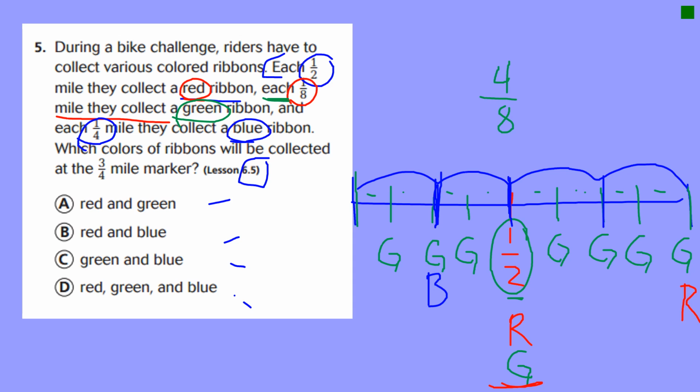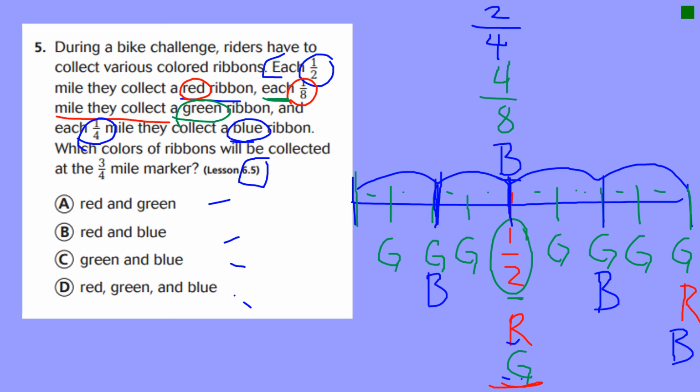They get a blue ribbon here too. And why is that? Because 2/4 is also equivalent to 1/2. So at the half, they get blue, red, and green. Wow. All right, so they get blue here, and they get blue here. Okay. That's a lot of ribbons, my goodness.